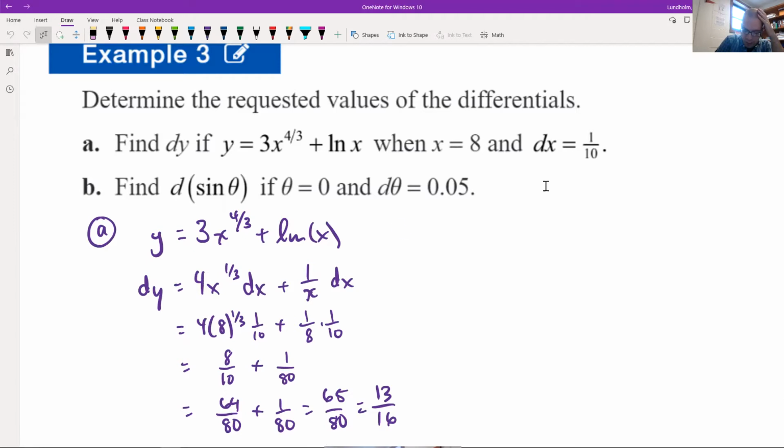For the next one, part B, we're finding what is the nudge to sine of theta if theta is 0, and we nudge theta by 0.05. The nudge to sine of theta will equal the cosine of theta times the nudge of theta.